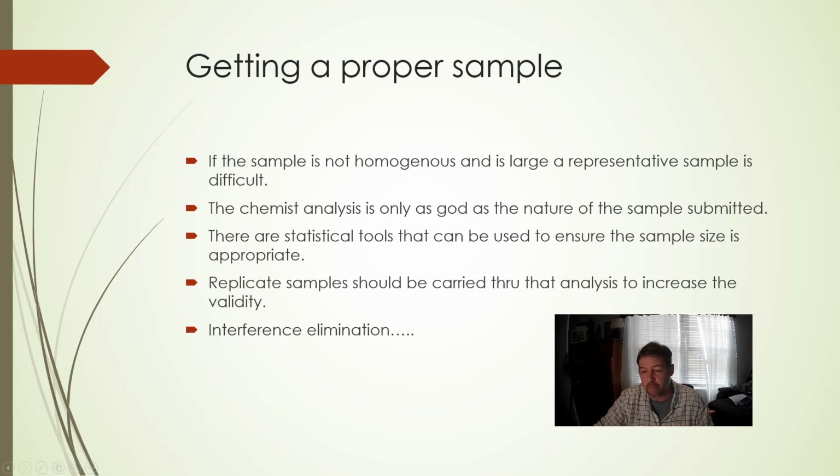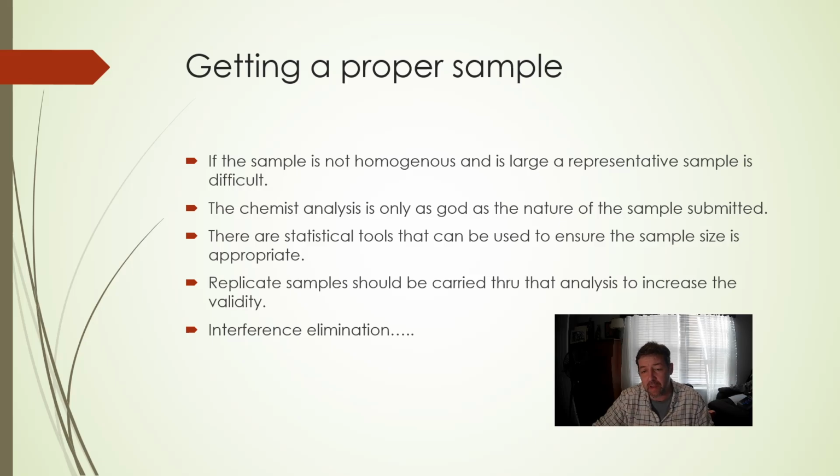You can use statistical methods to say, it's a big, huge sample, but how many should I take? A lot of people use the square root of n plus 1 as a guideline as to how many samples you should be taking, because even in a process in a factory, you're going to get drums of raw material in, and they all may be the same lot.